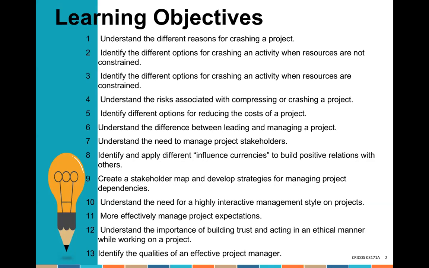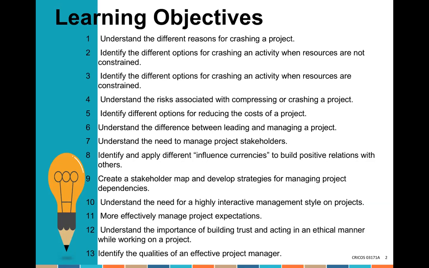We can identify and apply different influence currencies to build positive relations with others. We're going to create a stakeholder map and develop strategies for managing project dependencies. We're going to understand the need for a highly interactive management style on projects. So how do we continue interacting with people in detail to get the right outcomes?